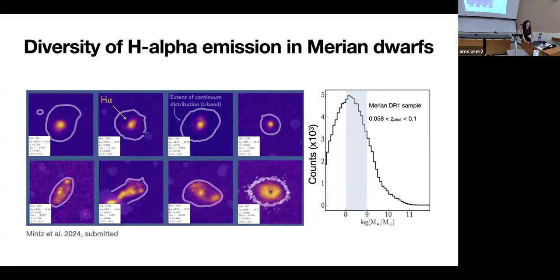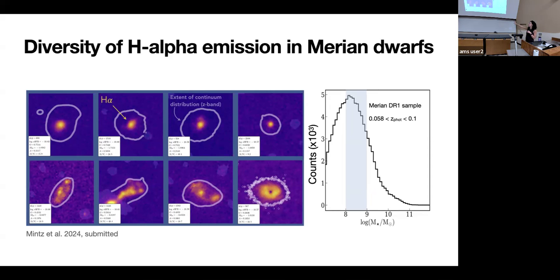Okay. And so our observations for Mirian are nearly complete, actually. So we have a DR1, data release 1, catalog already of objects that we can start looking at. And one of the really neat things that we have found so far is that the Mirian dwarf galaxies seem to exhibit a very wide range of H-alpha emission, so hydrogen alpha, which generally reflects star formation in a galaxy.